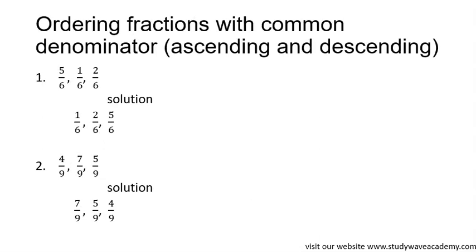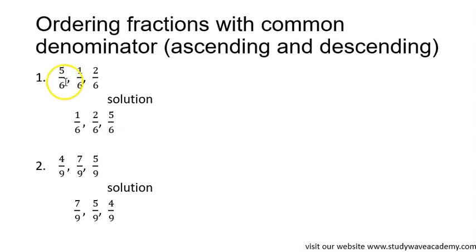Good. Now we are going to be looking at ordering fractions with common denominators. That is arranging fractions with common denominators in ascending and descending order, okay? So we have here 5 over 6, 1 over 6, and 2 over 6.